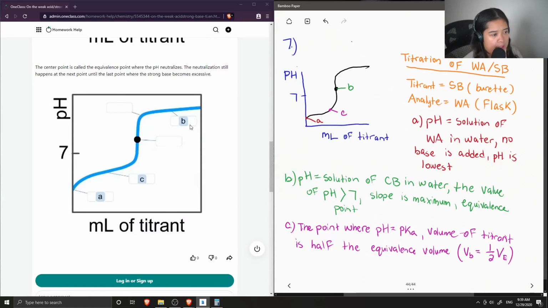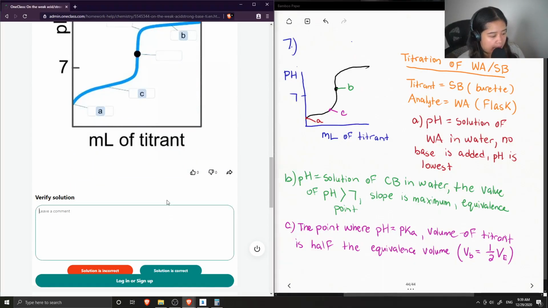But yeah, they showed where if you had excess base, then you would just have a solution of conjugate base in water. I guess it just depends. So this solution is correct. I'll just note that point B can also be shown as the equivalence point.